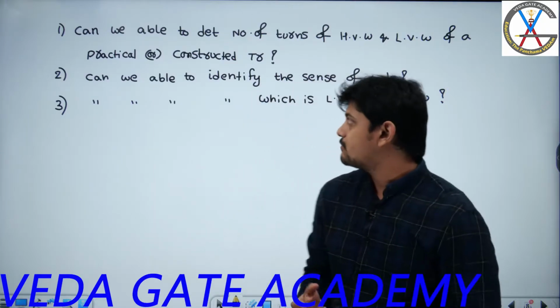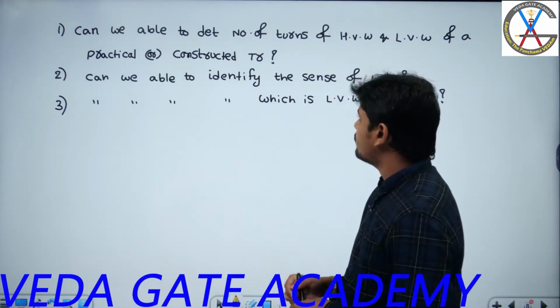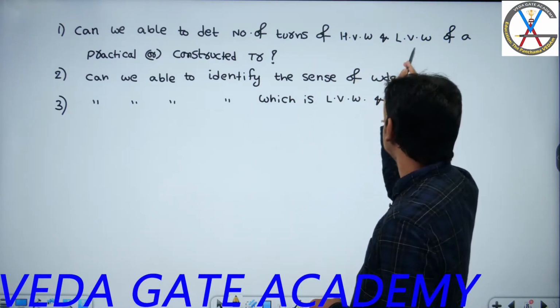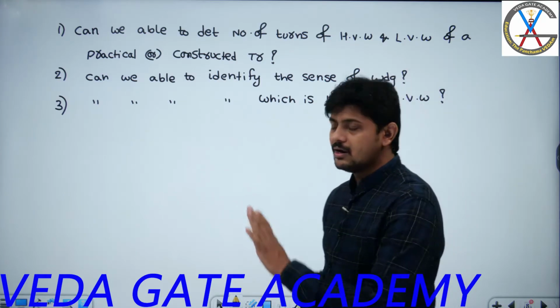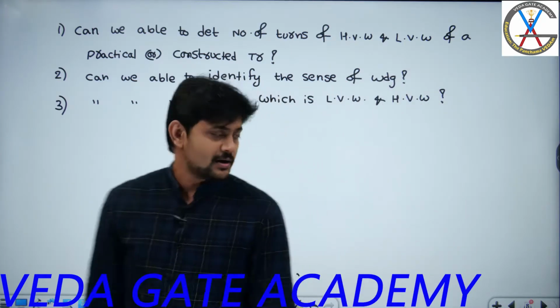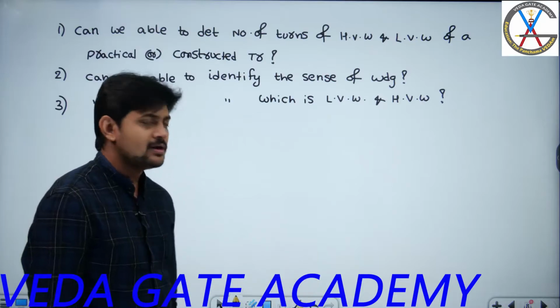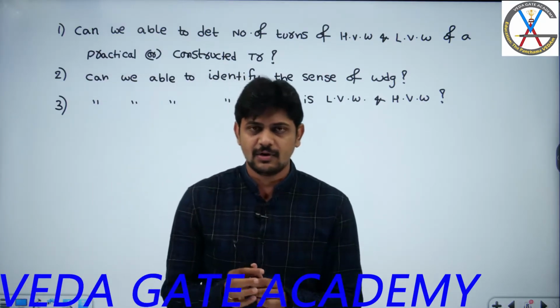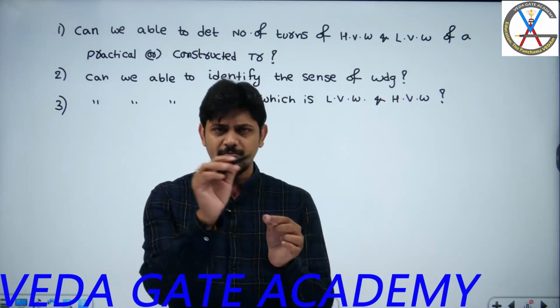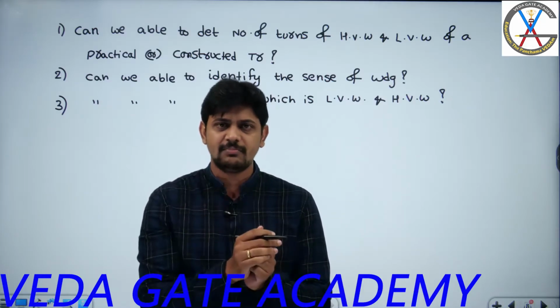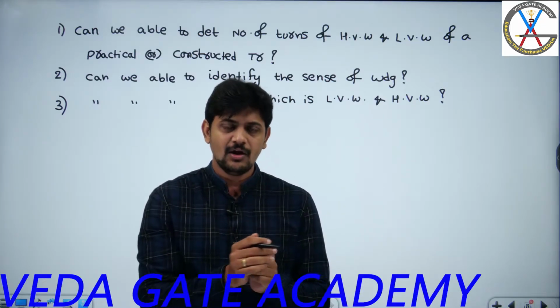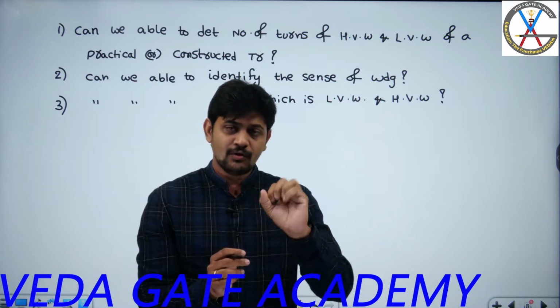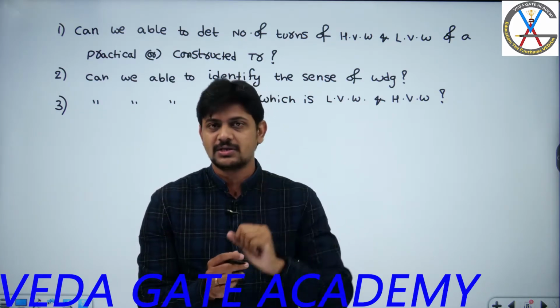So first, what is the interview question? Can we identify or determine the number of turns of HV and LV winding of a practical or constructed transformer? What is the meaning of this? Generally, in the discussion we have simply drawn the transformer core and windings, but what actually happens practically? First we wind the winding on a predefined structure.